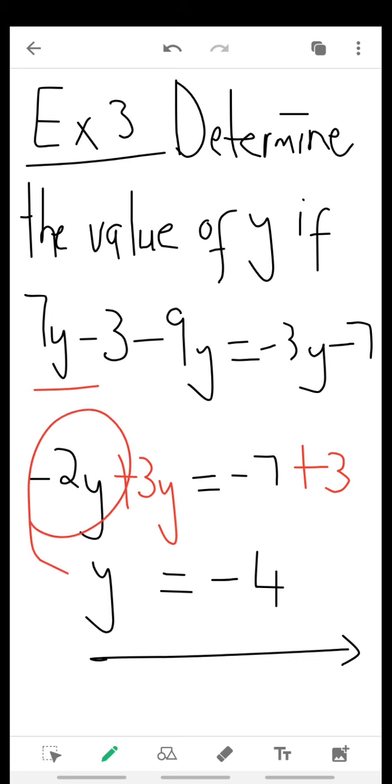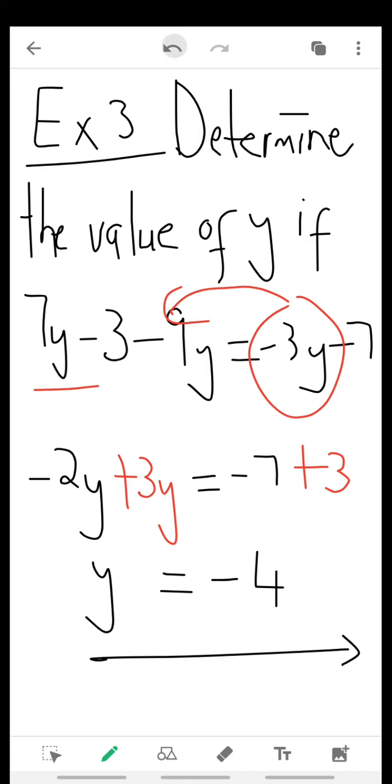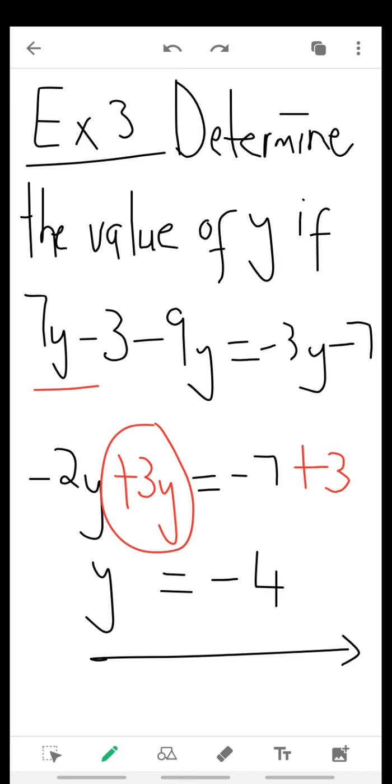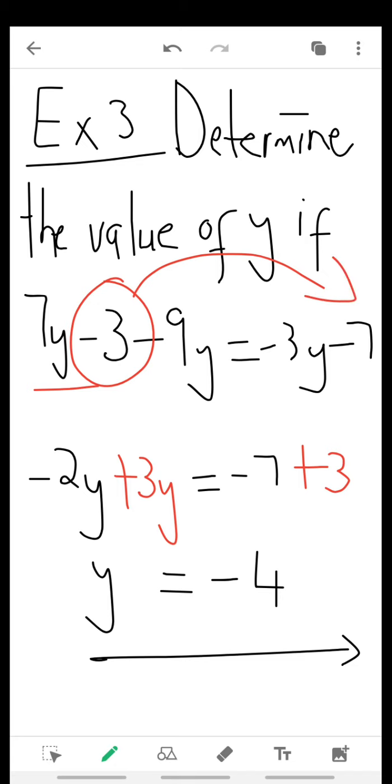And then let's transpose our minus 3y to the other side. It will be positive 3y, and that's what we have there. Then that side we are left with minus 7. And then we transpose our minus 3. It will become a positive 3.